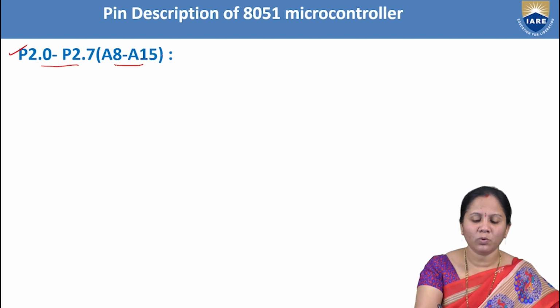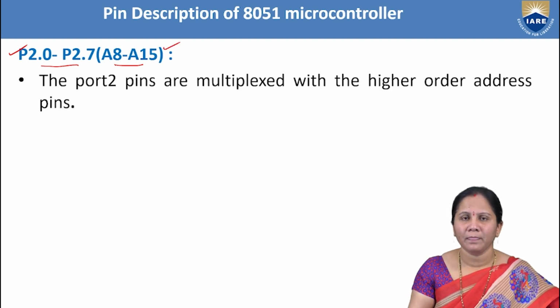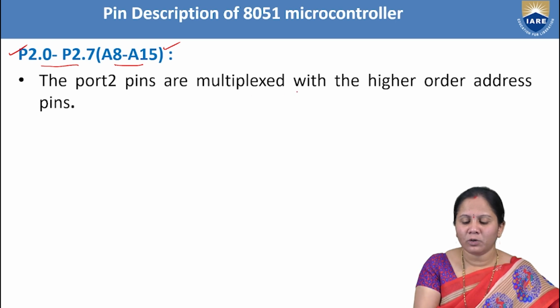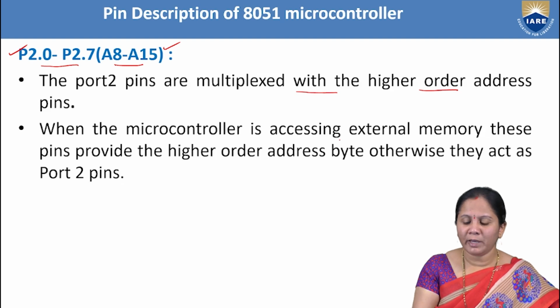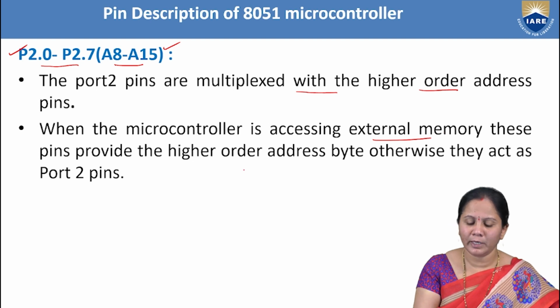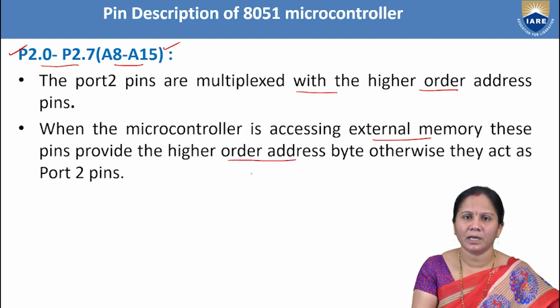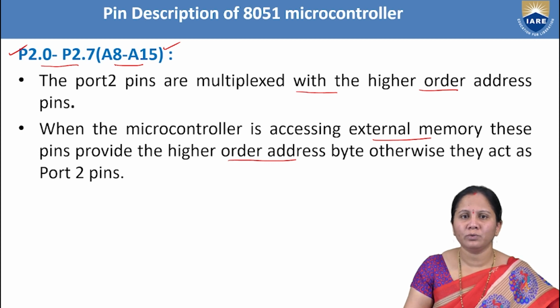So that is why here only address lines will be there, A8 to A15. So the port 2 pins are multiplexed with the higher order address pins. When the microcontroller is accessing the external memory, these pins will be used as higher order address lines. Otherwise, they will be acting as simple port 2 input output port pins.